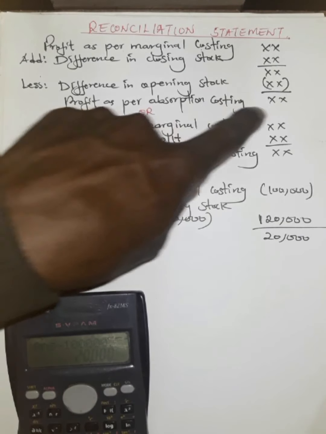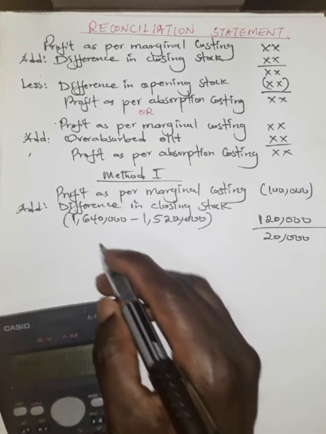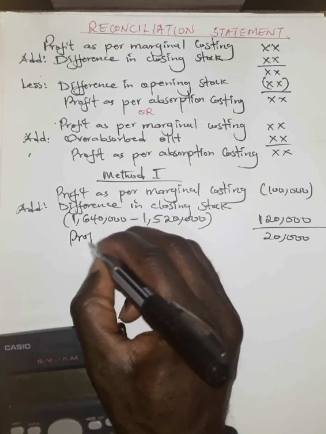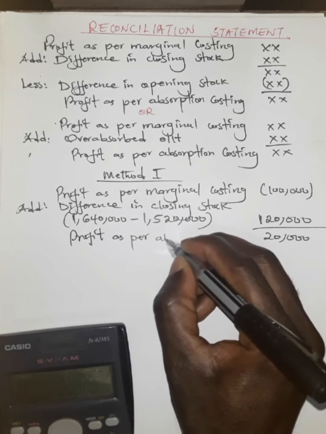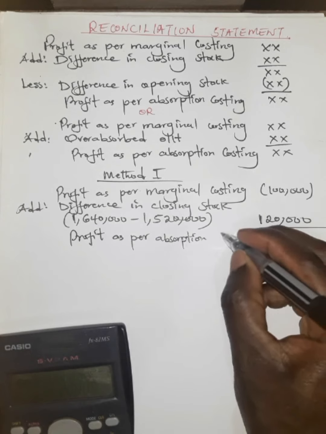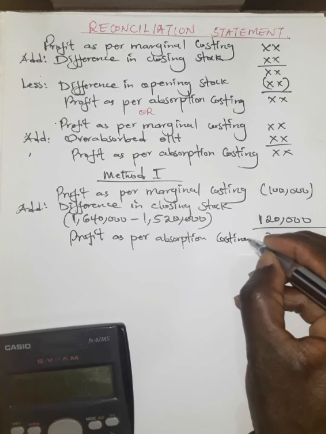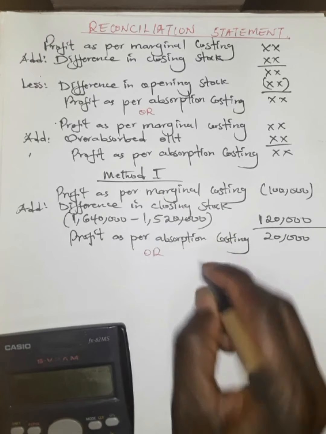Profit as per absorption costing should be the answer, because actually we have that net profit in absorption costing as 20,000. So this one should be the profit as per absorption costing.